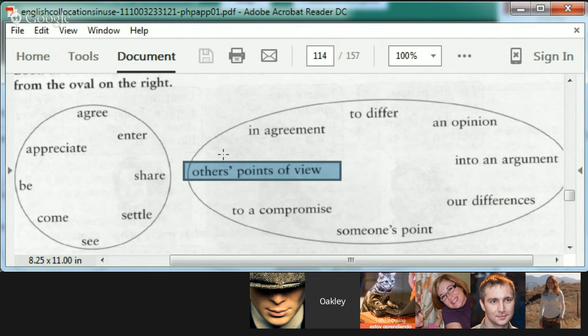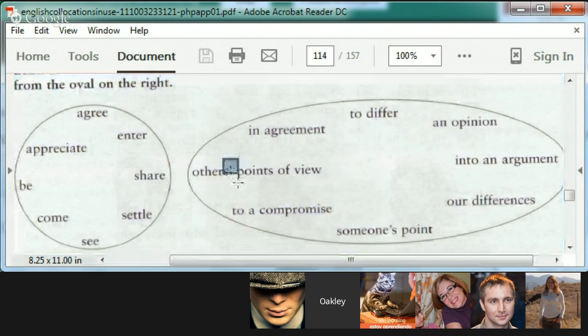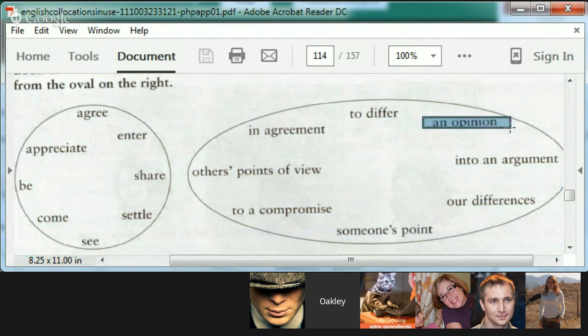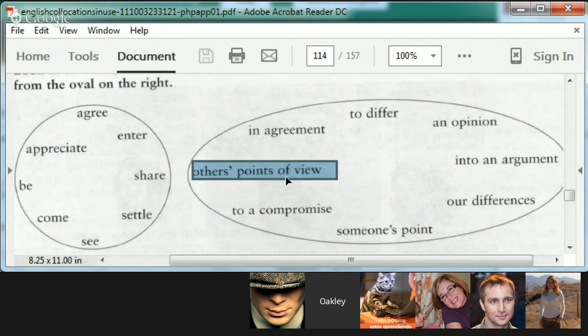Here, notice it's got a hyphen. Share others' points of view. It's really the same thing. Share an opinion, share others' points of view. It's basically almost the same thing.